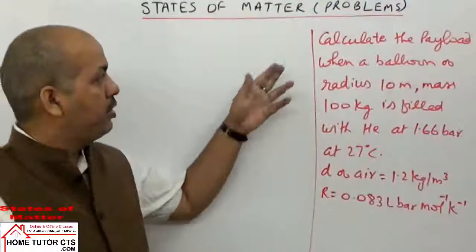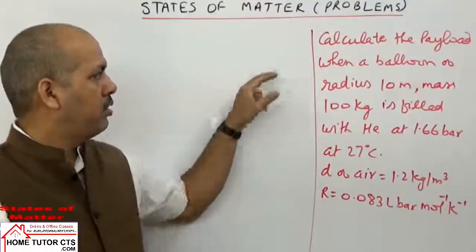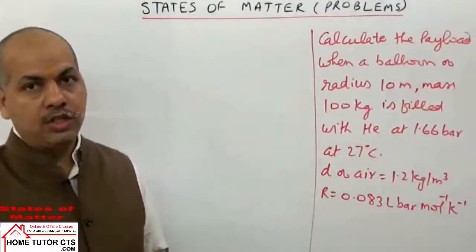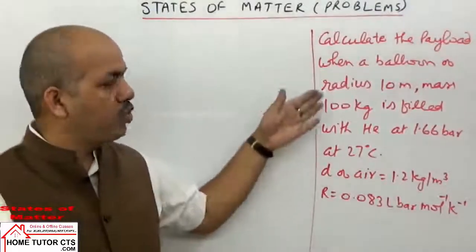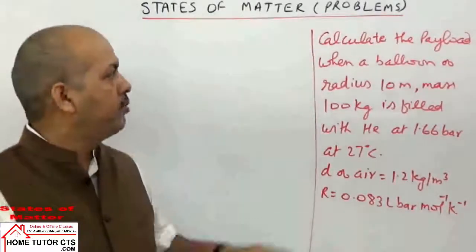Now write next question. Again, it is one common question given in exams on payload calculation. So that question is given to you. Through this question, the concept also will be clear to you. Write the question. लिख लीजिए.